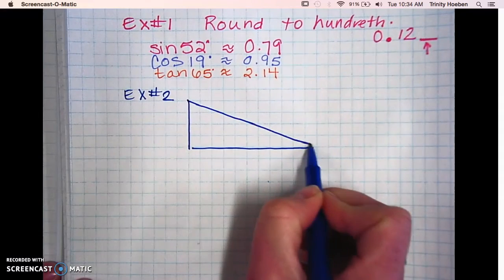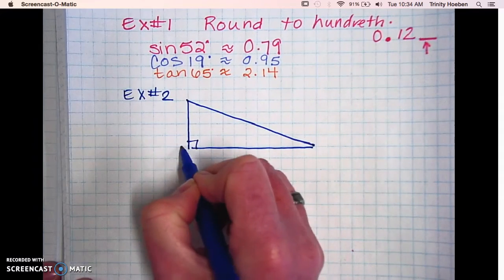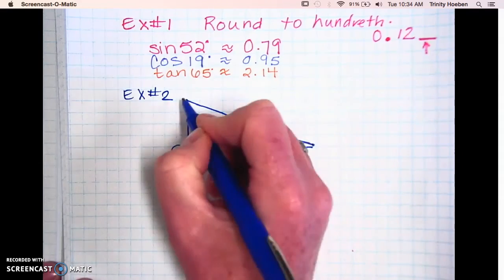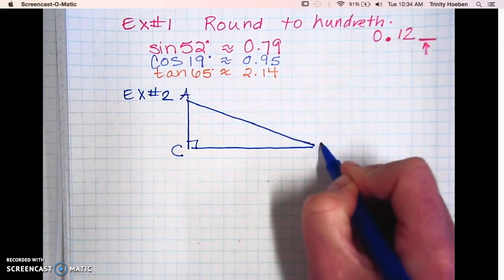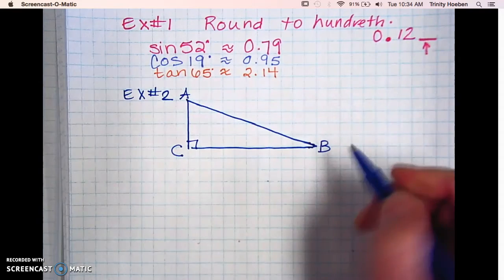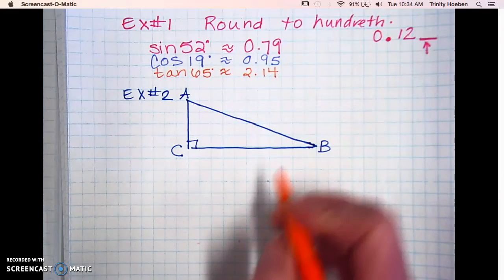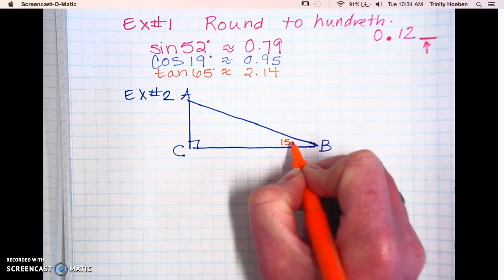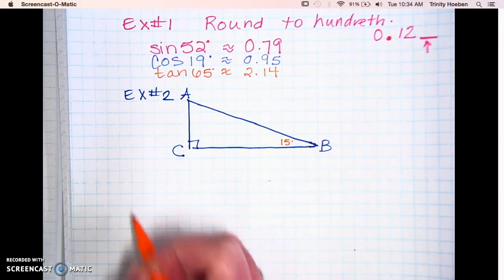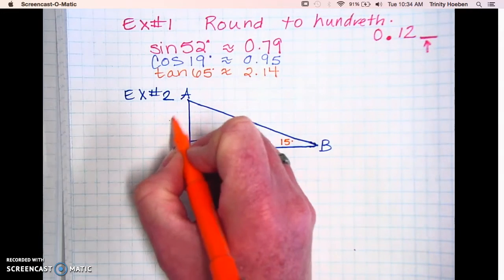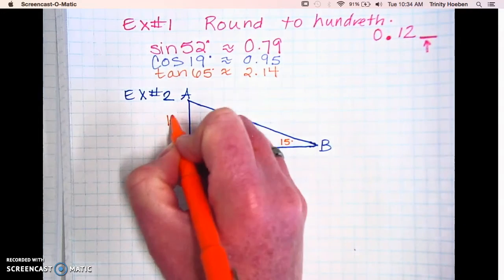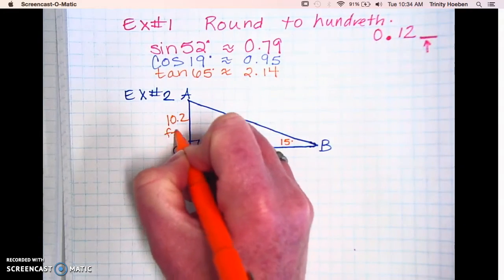We're going to start off with a right triangle. We'll call that vertex C and give the other 2 angles A and B. Down at angle B here, we're going to have 15 degrees. And over here, this side AC is going to be 10.2 feet.